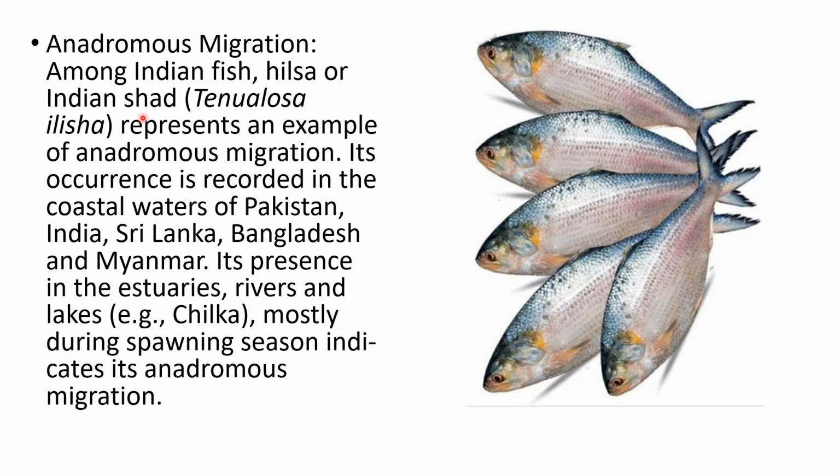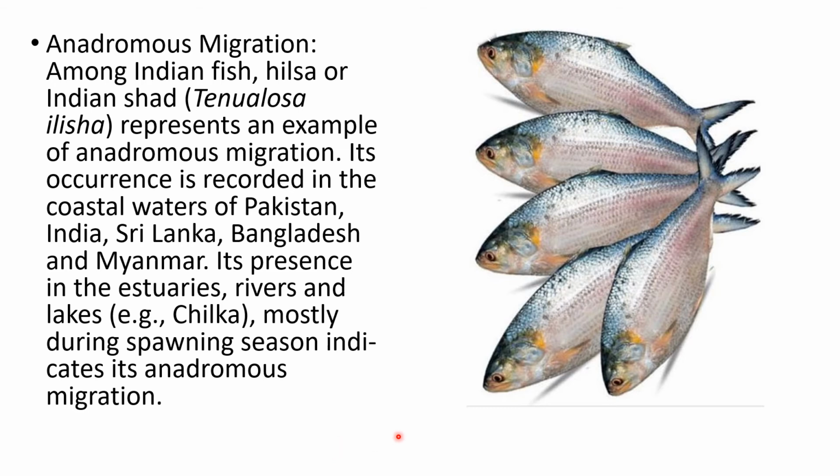Among Indian fish, hilsa or Indian shad represents an example of anadromous migration. Its occurrence is recorded in the coastal waters of Pakistan, India, Sri Lanka, Bangladesh and Myanmar. Its presence in the estuaries, rivers and lakes, mostly during spawning season, indicates its anadromous migration.